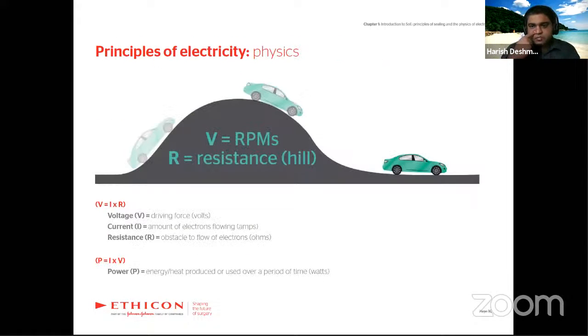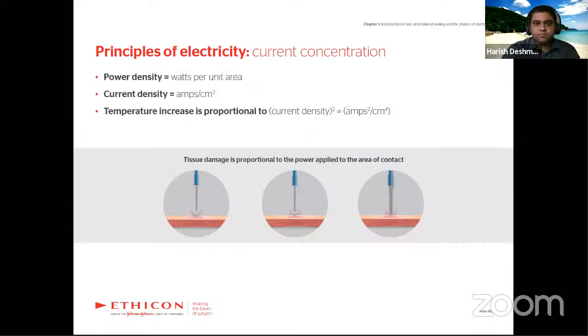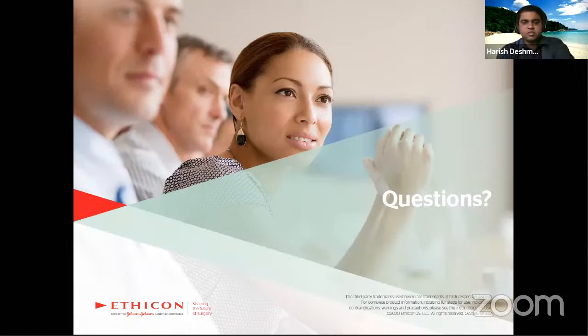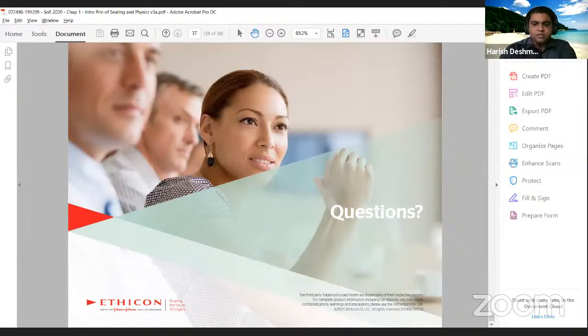Hope this is clear, because this is the most important aspect coming forward. Any questions? If we have any questions, we can go ahead with them. Otherwise, we can start with the second session.